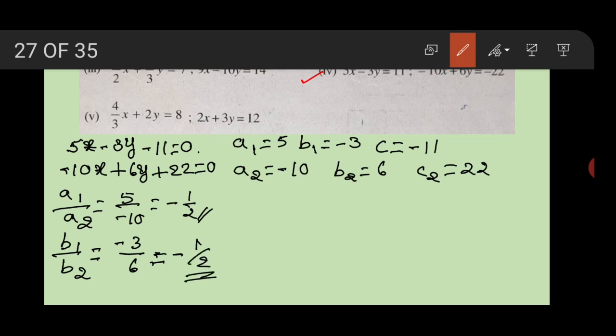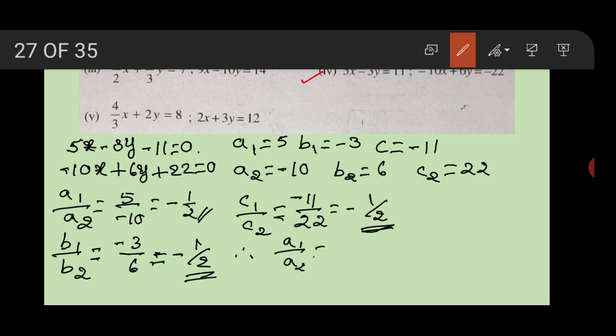We can see here the two ratios are equal, so we have to find the last ratio c1 divided by c2. It is equal to minus 11 divided by 22. Again 11 ones are 11, 11 twos are 22, so it is also equal to minus 1 by 2. Therefore we can see here a1 by a2 ratio is equal to ratio b1 by b2, which is equal to ratio c1 by c2.